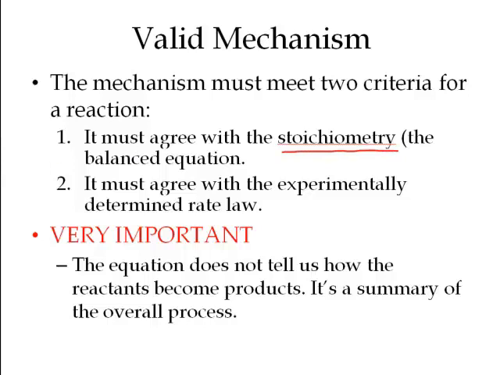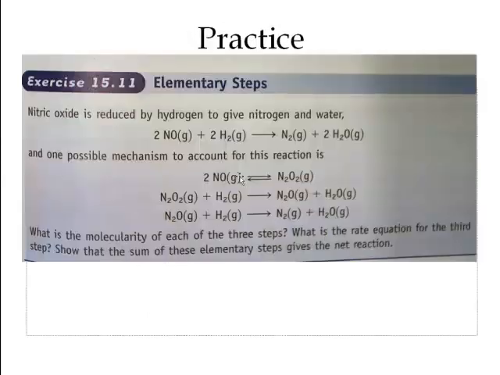Okay, so that has to happen. And what I mean by that is if I were to go ahead and look at our last problem, all these steps agreed with this balanced equation and agreed with the stoichiometry.